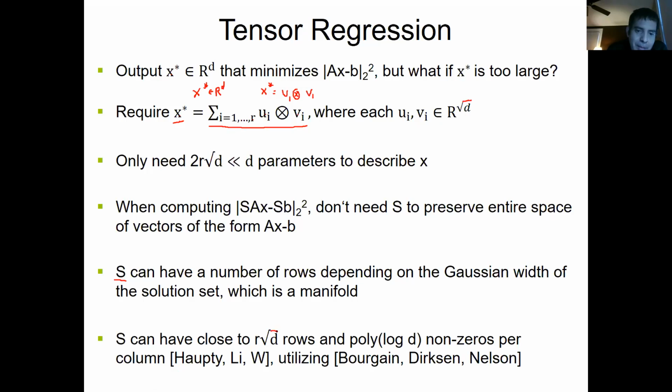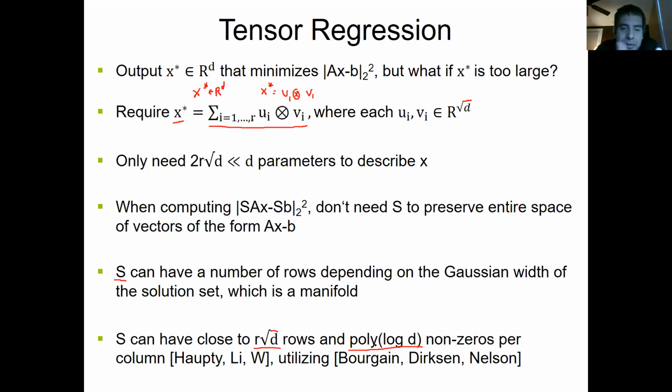In this particular case, you can show that your sketch can have close to the number of parameters in your solution, so roughly order r root d dimensions instead of d dimensions. And not only that, the sketch S can be sparse, so it only has polylog d non-zeros per column.